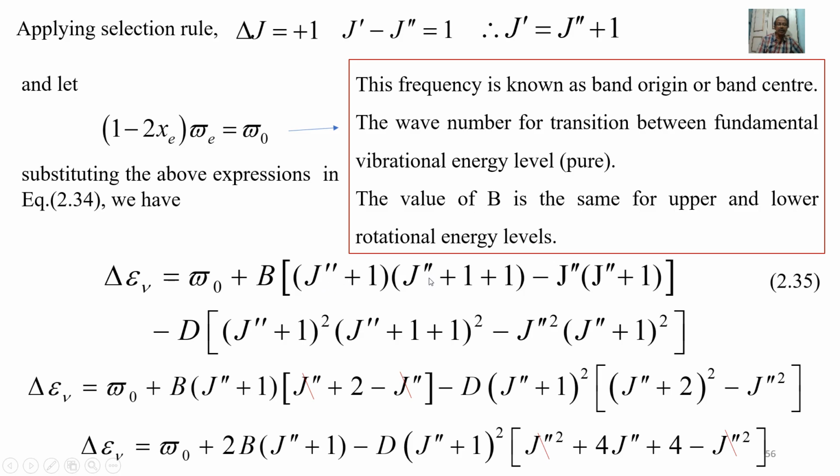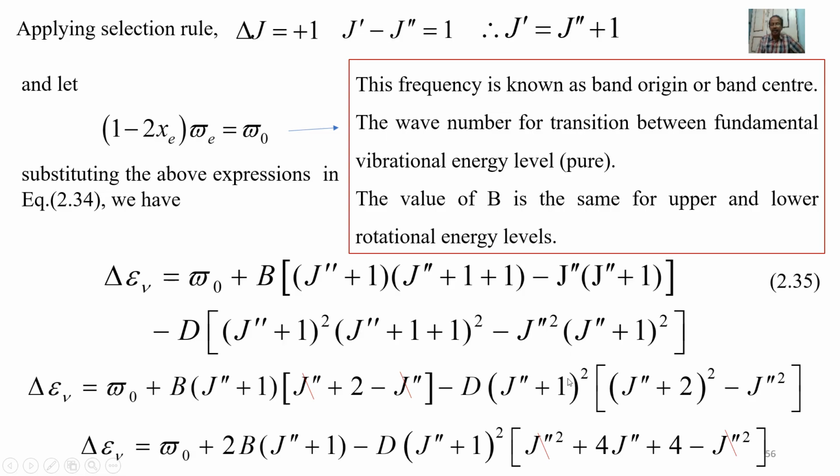Here also we have J double prime plus 1 out. So common J double prime plus 1 out, that will give us, the remaining term will be J double prime plus 1 plus 1, that will give us 2, and here it is minus J double prime. So minus J double prime, and this J double prime and this minus J double prime will get cancelled. The 2 will be there. I have pulled this 2 out. So 2 will be J double prime plus 1.